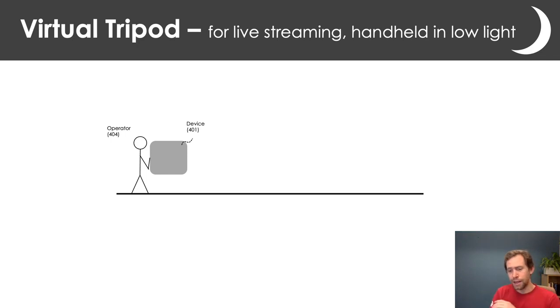The problem is, if your camera is handheld and you're moving around, or if it's a helmet and you're moving around, then the viewpoint of the camera keeps changing, and you can't line up your images very well. You can't do what Apple does in night mode on the iPhone.